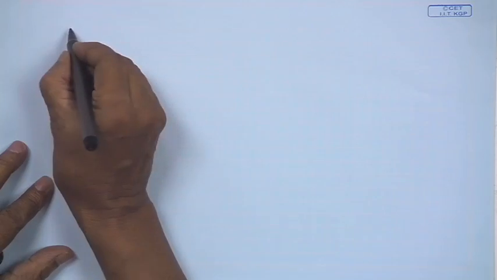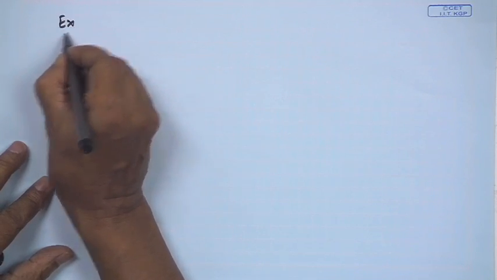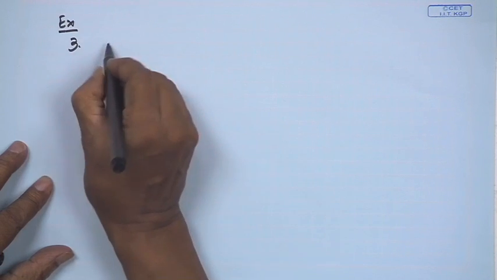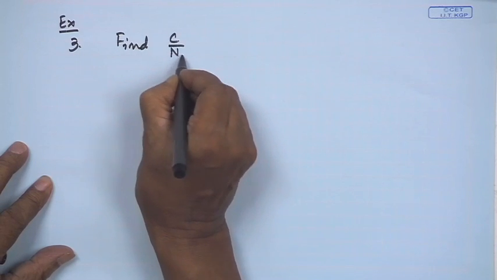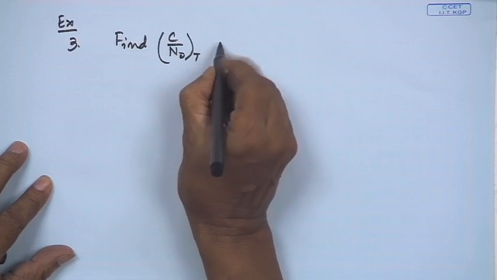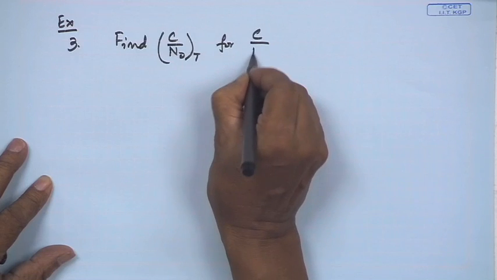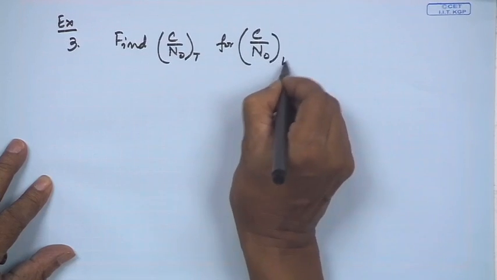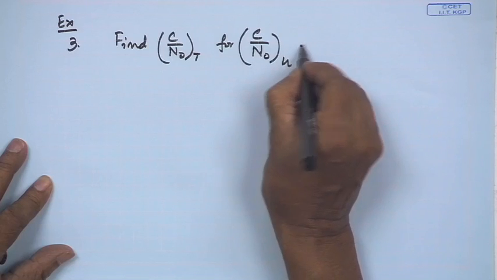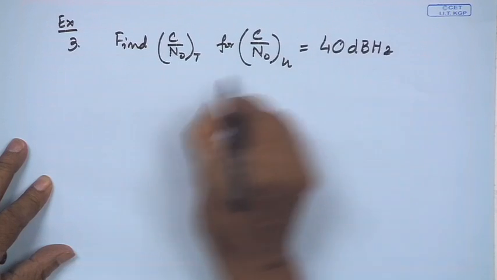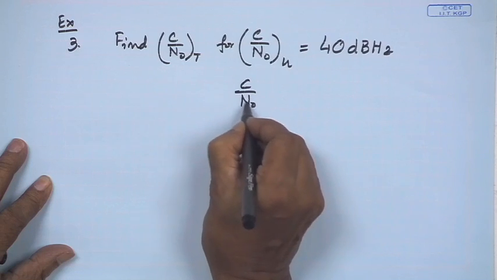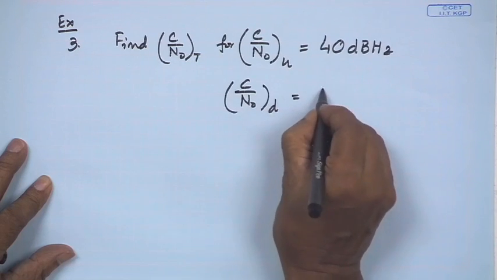Let us take another example which is more extreme. Let us say example 3. Find C by N0 total for C by N0 uplink as 40 dB hertz and C by N0 downlink as 10 dB hertz.